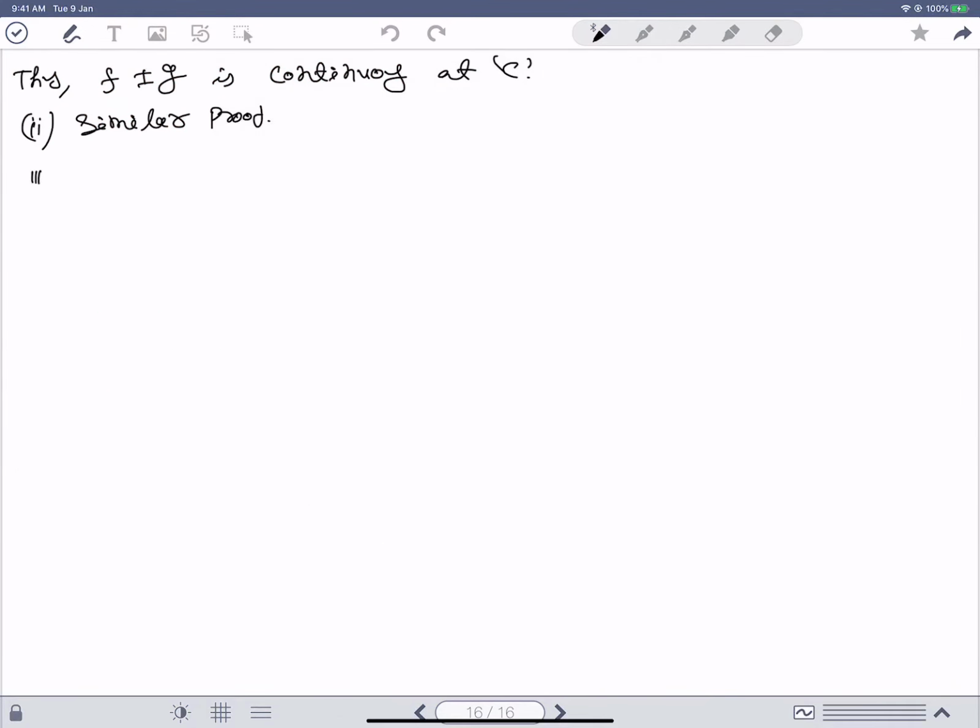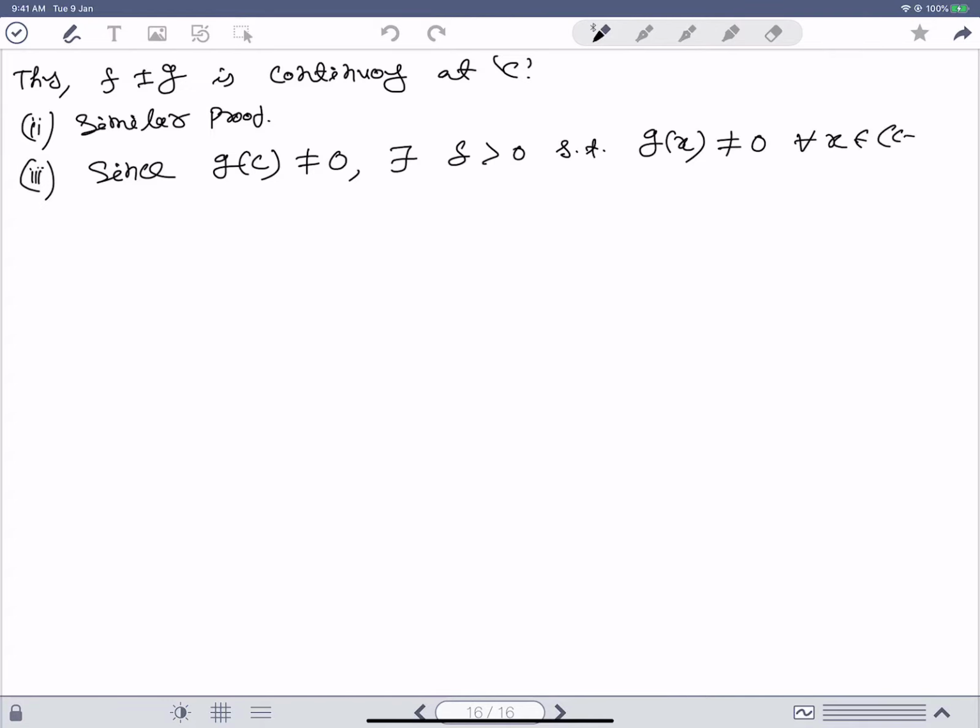Now here we can write that since g of c is not equal to 0, there exists a positive delta bigger than 0 such that g of x is not equal to 0 for all x belonging to c minus delta, c plus delta, right?